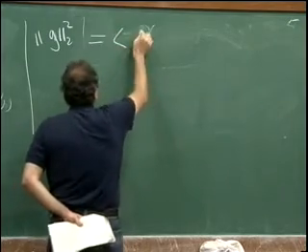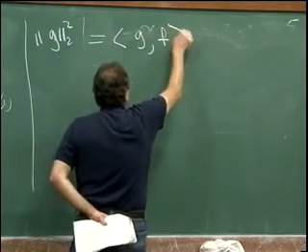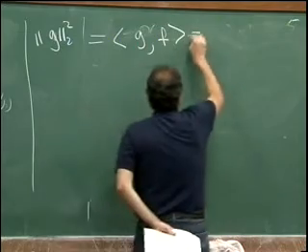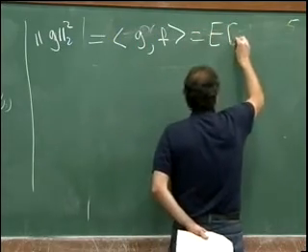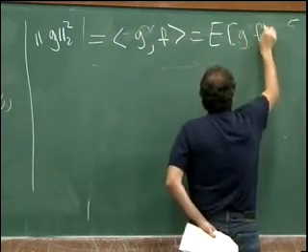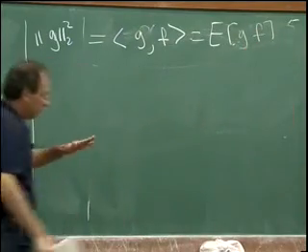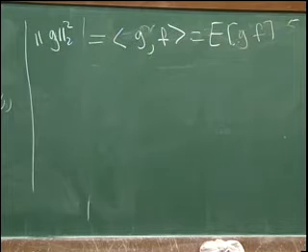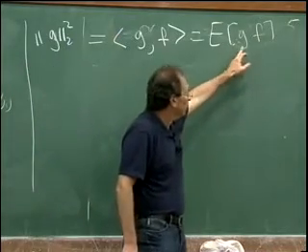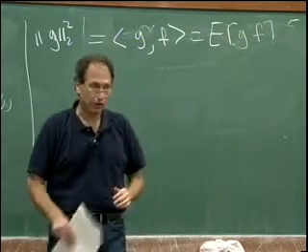Well, that's the same as the expected value of g times f. Okay, g is a projection of f. I have f, and g is a projection onto the level k Fourier coefficients. So in order to figure out the L2 norm of g, I can just as well take the inner product of g with the function f.